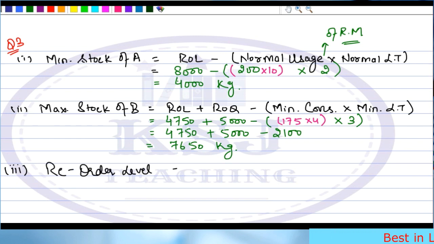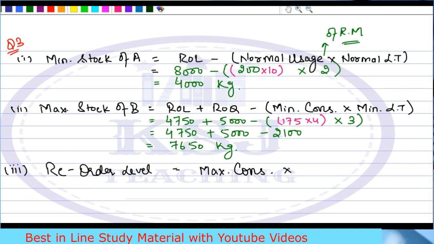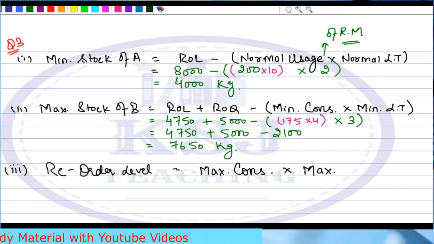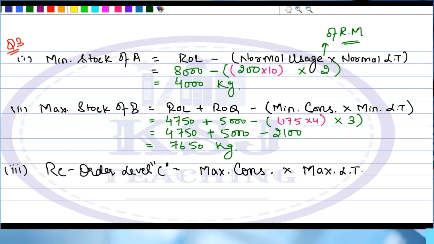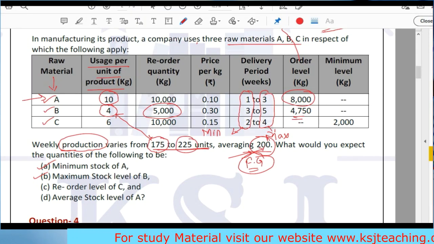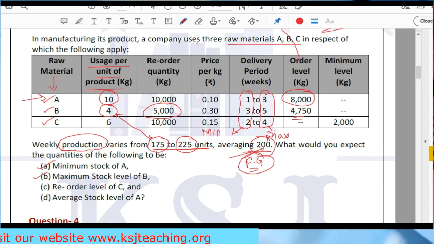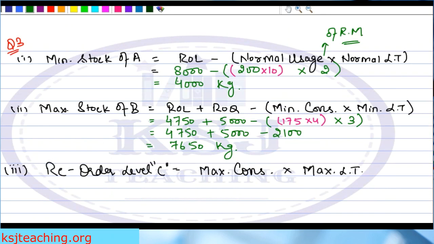Reorder level, that is maximum consumption multiplied by maximum lead time, isn't it? Of C. So we have to calculate it for C, right, sir? Now tell me, what is the maximum consumption? 225 units is the maximum production. So consumption will also be maximum at this level, 225 multiplied by 6.